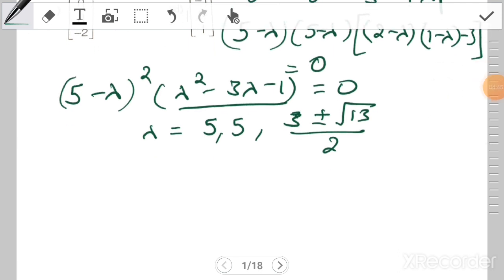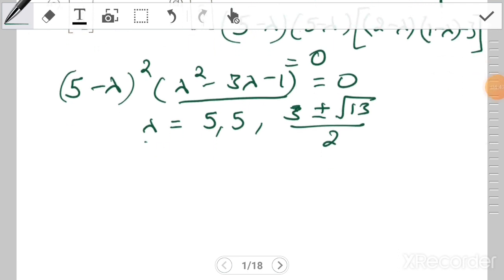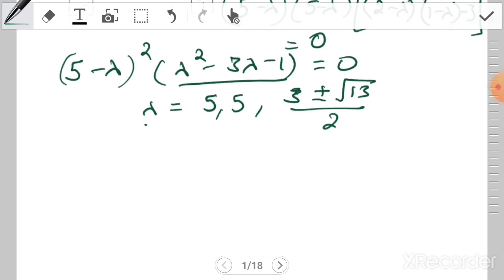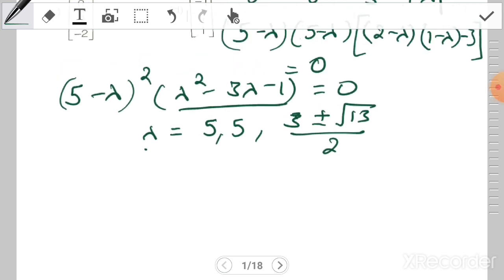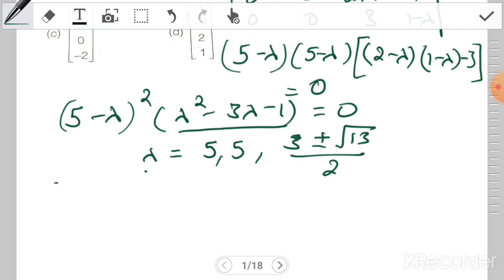Let us find the eigenvector corresponding to lambda equal to 5. We have to find Ax equal to lambda x.